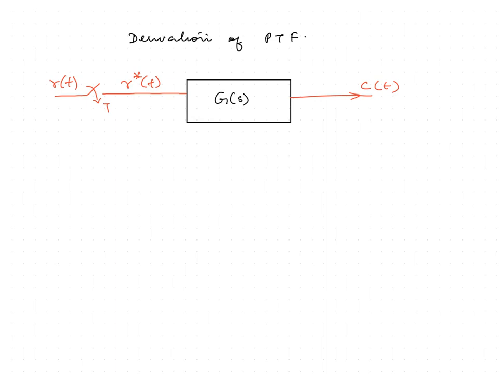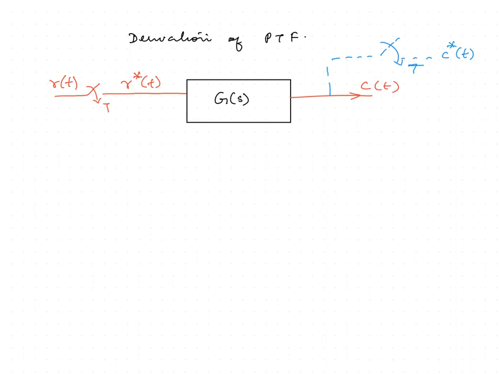If one wants to find the input-output relation at the same regular interval, then in the absence of a sampler at the output, one can place a fictitious sampler at the output that opens and closes at the same regular interval as that of input, and we can call the output as c star of t. This means that we consider the output only at regular intervals capital T.